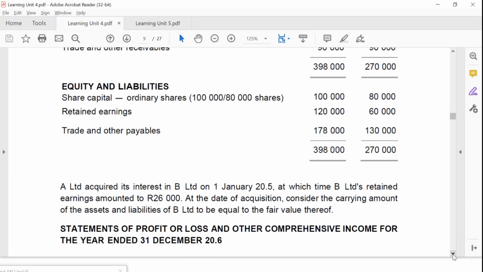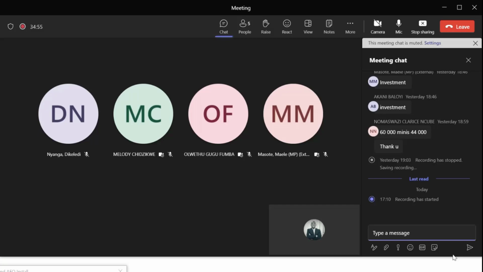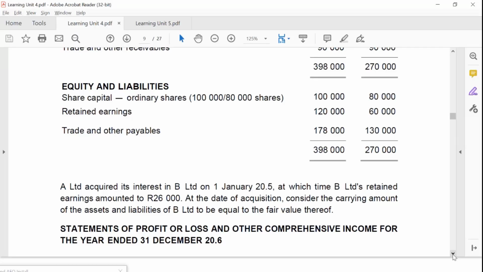Anybody? We are eliminating. So I want the journal entries to eliminate the acquisition, the pro forma journal entry. What am I debiting?